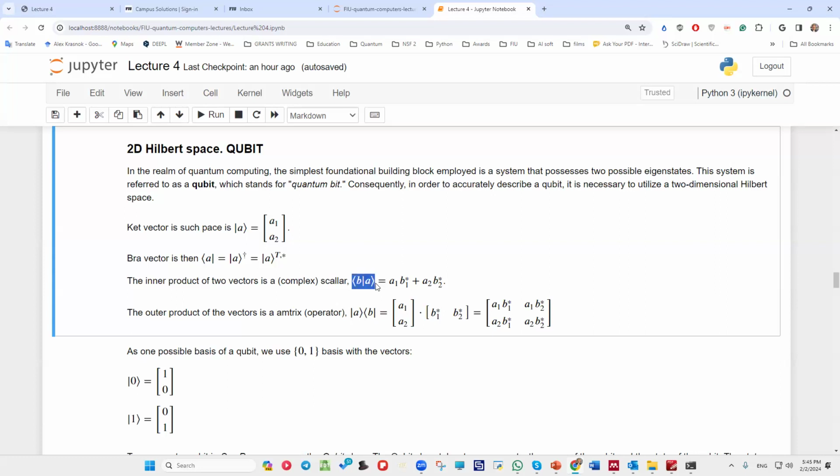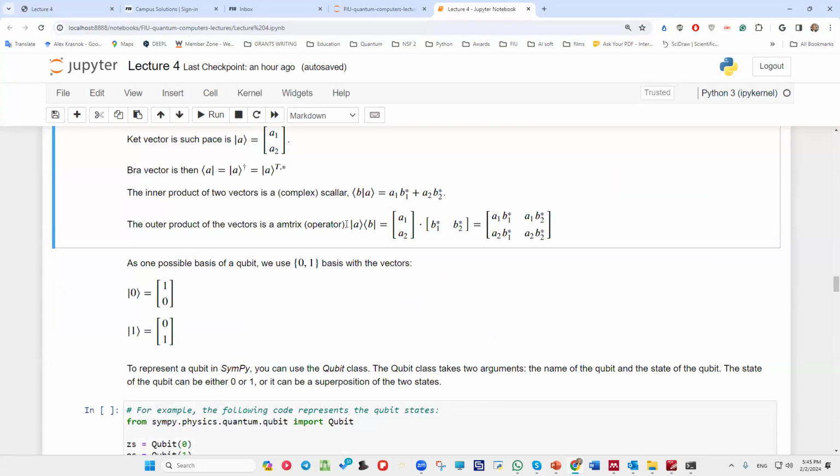This is the inner product of the two vectors B and A. But if we exchange these two vectors, putting vector A in first place and B in the second, then according to the basic matrix product operation, since the ket vector is a column and the bra vector is a row, we get this 2 by 2 matrix.